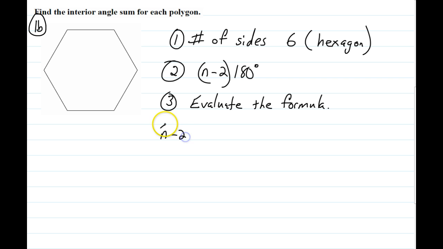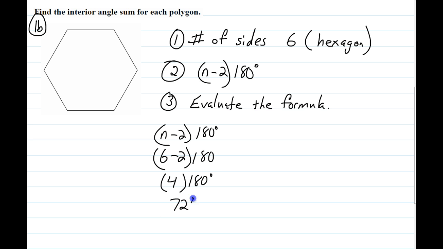So you should have n minus 2 times 180 degrees. 6 minus 2 is 4. 4 times 180 is 720 degrees. That means the inside angles of a hexagon add up to 720 degrees.